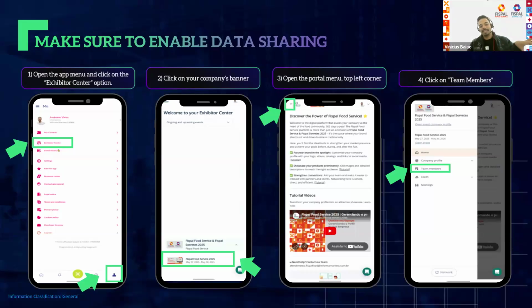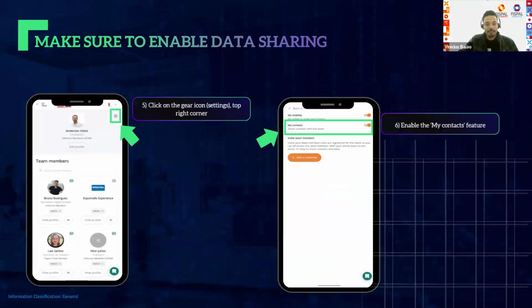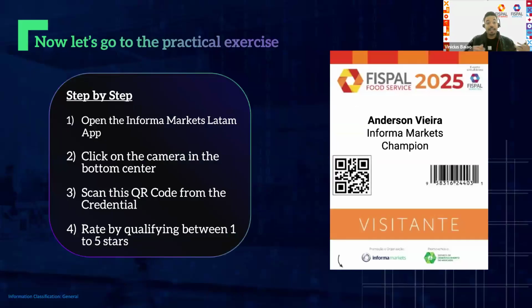If we do this step for you, you don't need to be worried about the data sharing. It's only if you decided to add a member by yourself. Here you need to follow the steps. So for data sharing, here is a step by step on how to enable it.